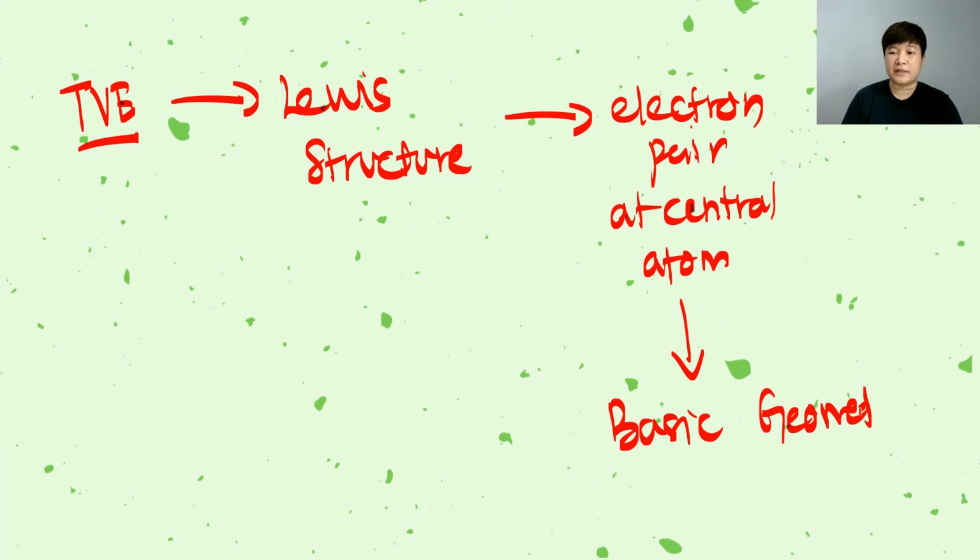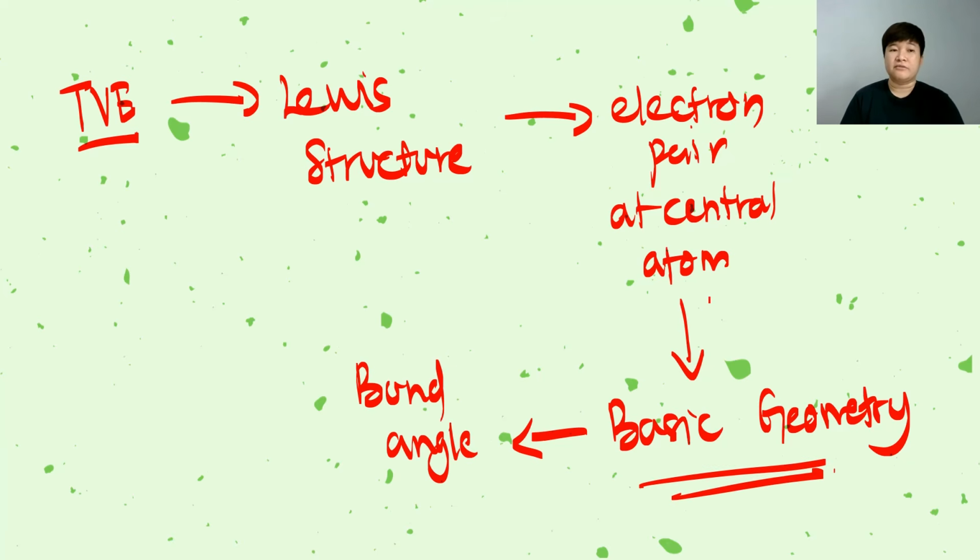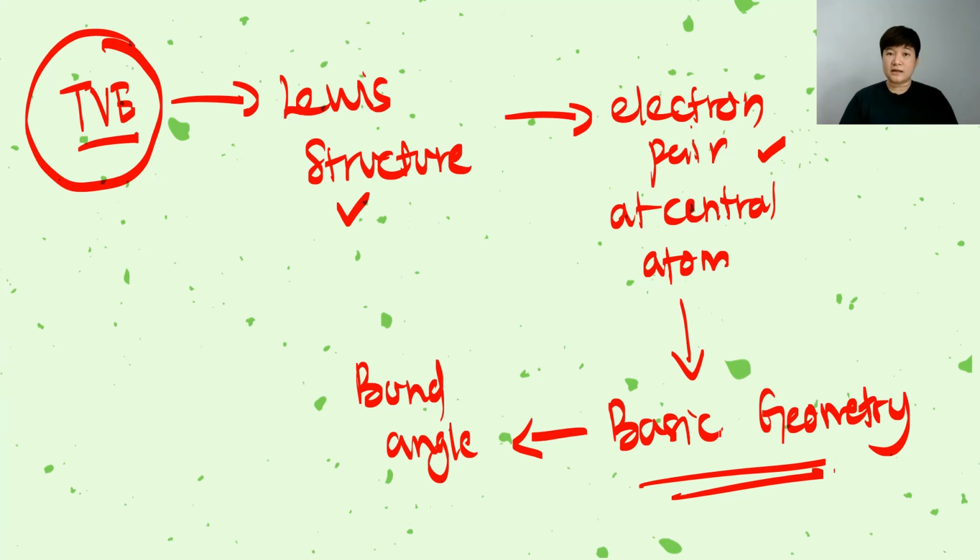From the basic geometry, then you will know the bond angle. That is roughly the flow on how to get the basic geometry: start off with total valence electron and correct Lewis structure, count the electron pair, and then you get the basic geometry. Simple. And in your syllabus, we only have the 5 basic geometries, so don't worry about the rest of them. We only have 5 at this moment.